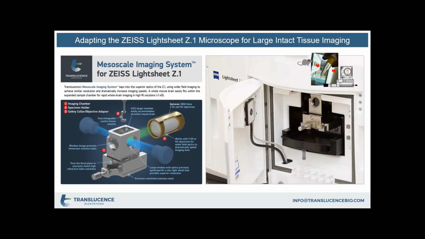It was created, as Oliver said, to be for developmental biologists to look at zebrafish and things like that. And the problem was the chambers didn't have the proper optics for high refractive index solutions, especially what we were using, which is for iDisco, which is a fairly high refractive index. And also the size of the chamber wasn't ideal for these larger tissues.